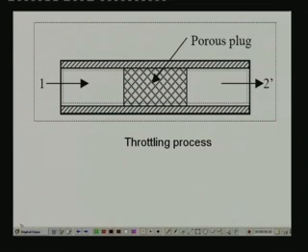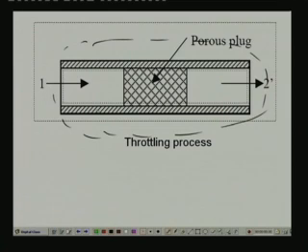Now again, let us say I am taking a control volume across this, and I am assuming that this is adiabatic. That means Q is 0, no heat transfer between the porous plug and the surroundings. And I also assume that potential and kinetic energy changes are negligible.